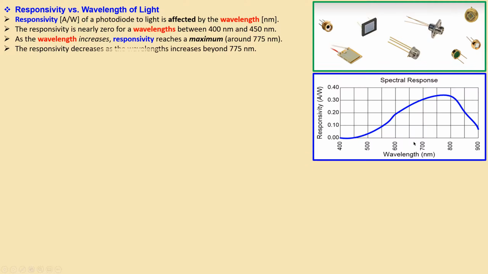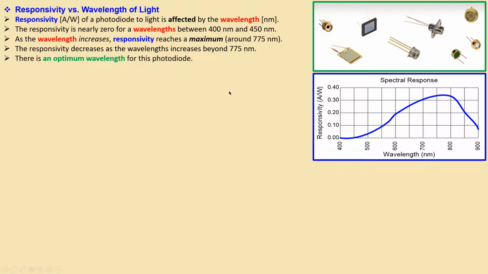If you go above that and increase the wavelength, you will again have a decreasing responsivity, so you have an optimum value. If you go beyond that 775 nanometers, you will decrease your responsivity. So there is an optimum wavelength for this photodiode.